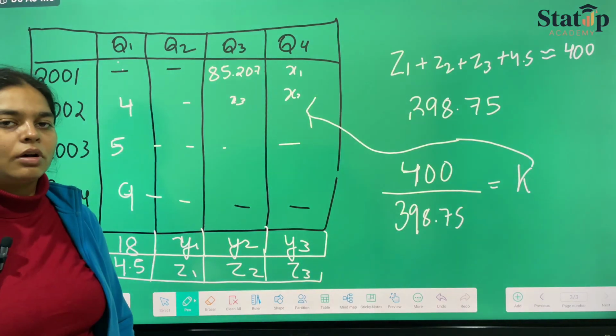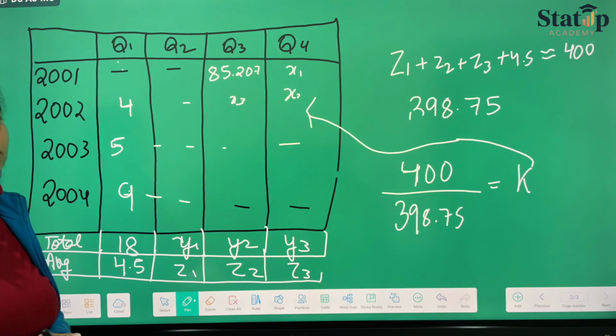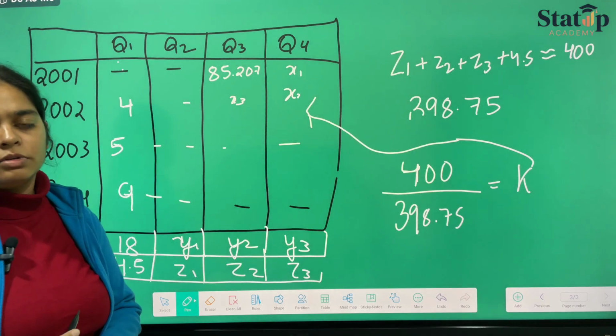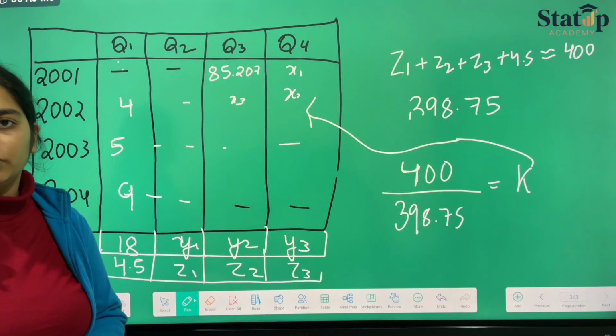So this is how we solve the ratio to moving average method. It is very much similar to the ratio to trend method. The only difference is that there we used to fit the trend value by the principle of least squares, and here we are finding it by moving average.